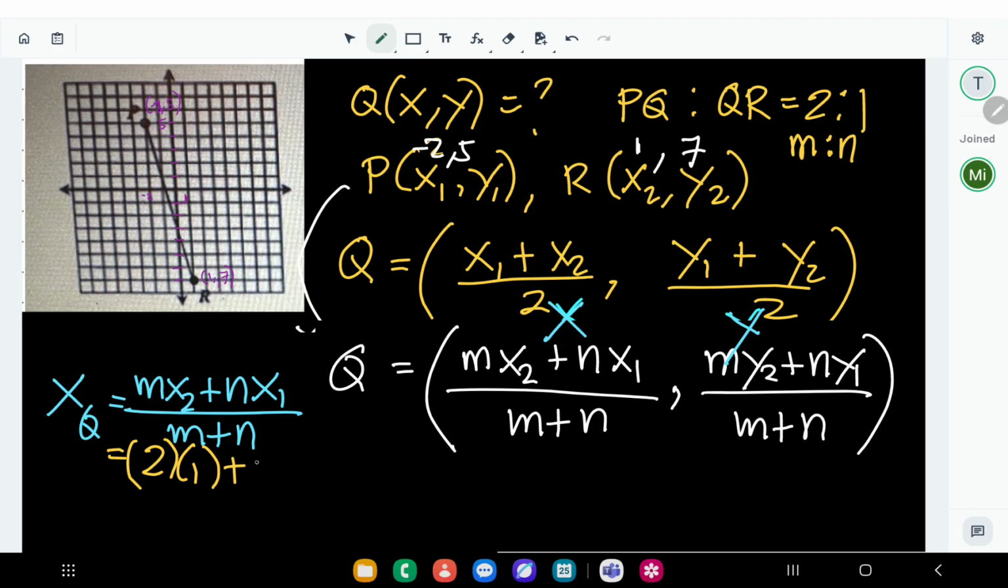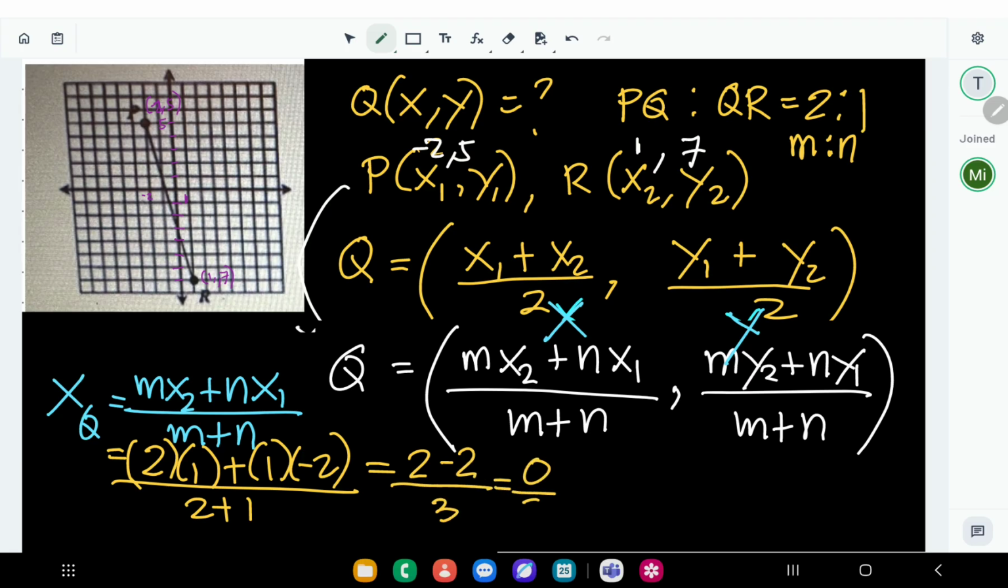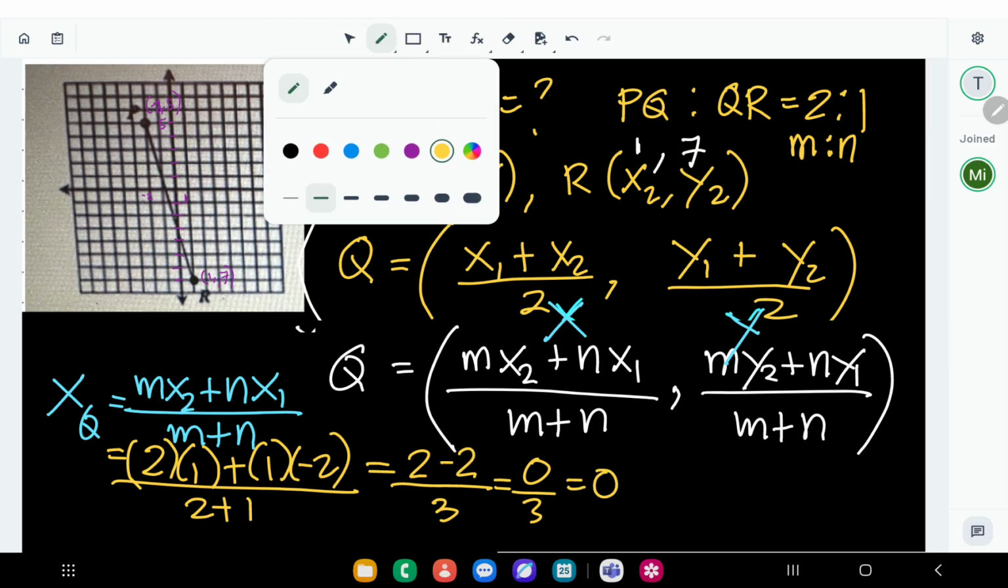Then n times x sub 1, which is -2. Then m plus n is 2 plus 1. Then this is 2 minus 2 over 3, equal to 0 over 3, and that is 0. So that is the x coordinate of point Q.